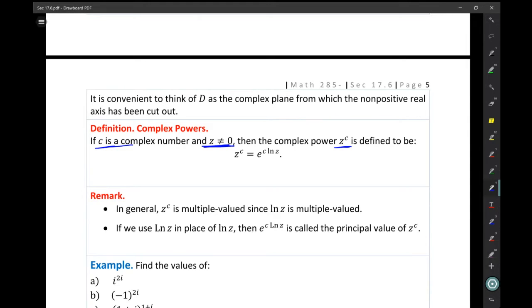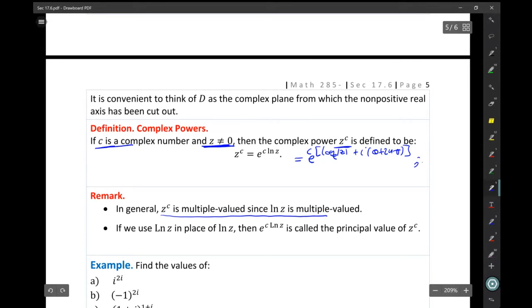Here ln is the small ln, so it will be multiple-valued, which is equal to e to the power c times (logarithm of the absolute value of z with base e, plus i times (theta plus 2nπ)), the small argument, where n is equal to 0, ±1, ±2, and so on.